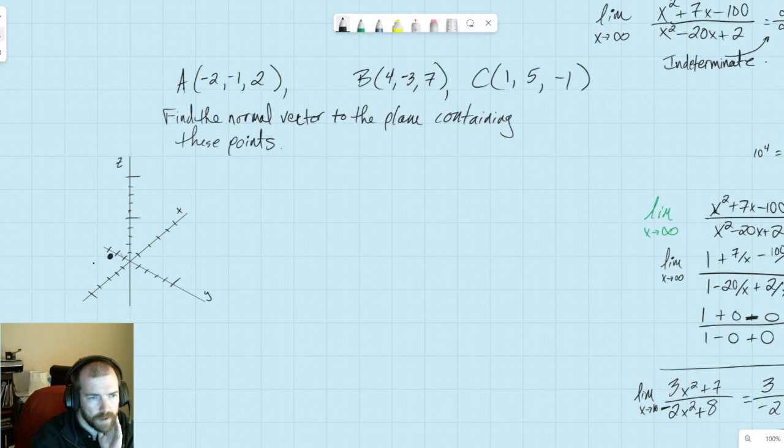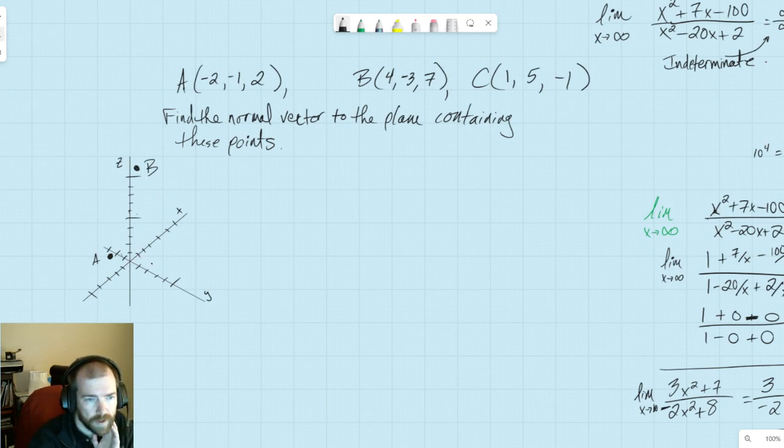It's going to be here. B is 4, -3, 7. Back there.